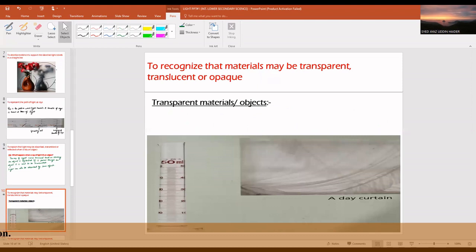Transparent materials or objects. Some objects or materials allow all the light to pass through them. They are known as transparent materials or objects.